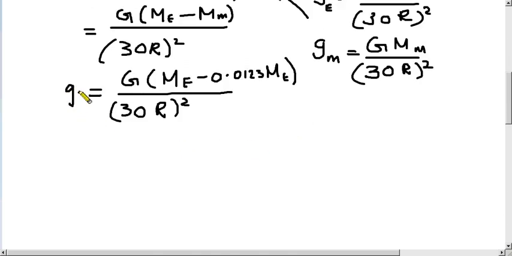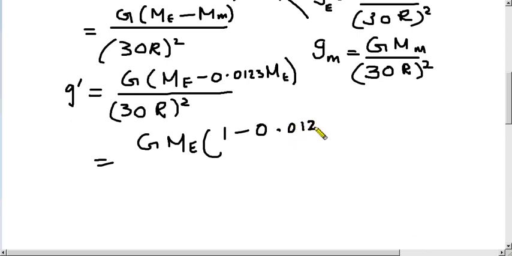So what we find is the final g dash. M E is common, we take it out of the bracket, then 1 minus 0.0123, divided by 30 R squared.